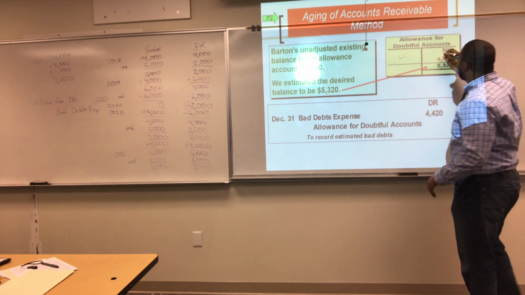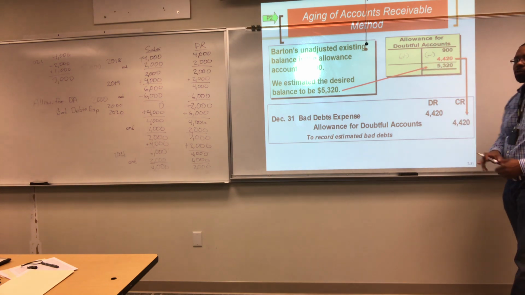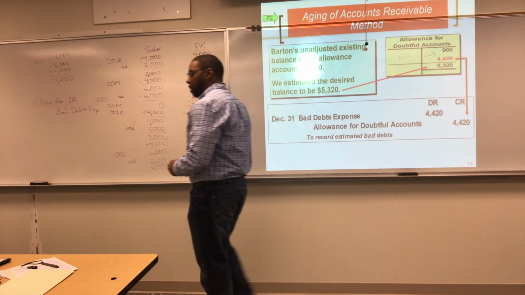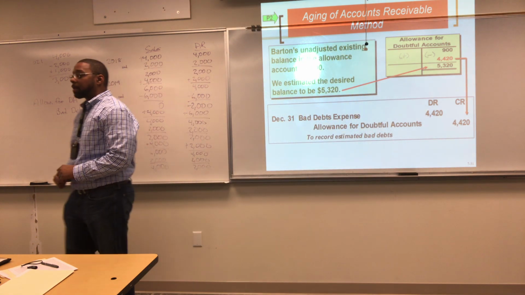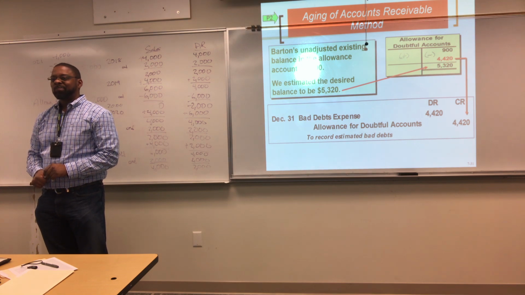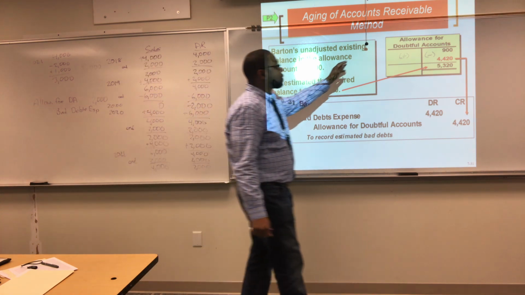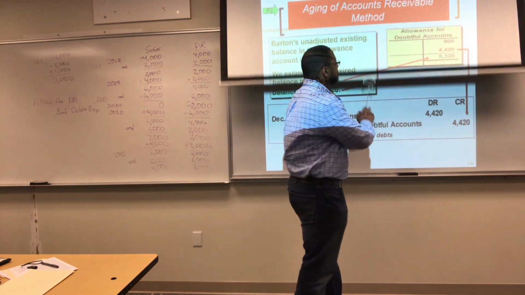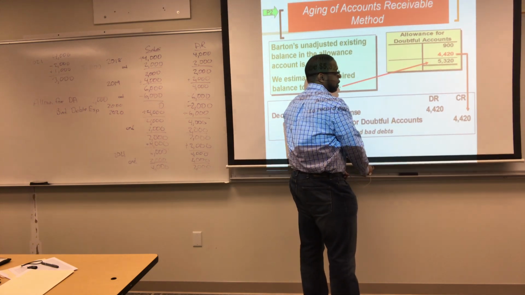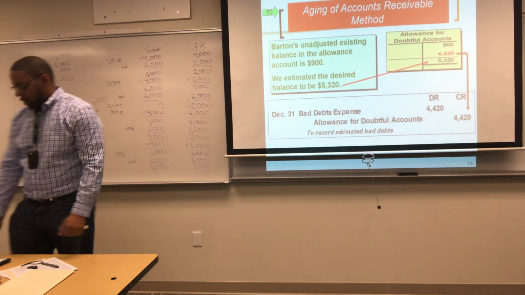If it is a credit, you need to subtract it from your desired amount to get your journal transaction. If it's a debit, you need to add it. If it's a credit, you need to subtract it. Does that make sense? That's a streamlined method. That's the allowance method. That's aging.